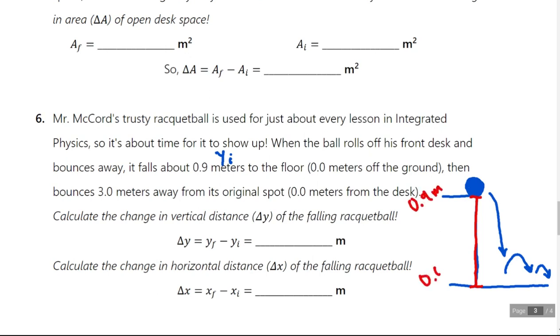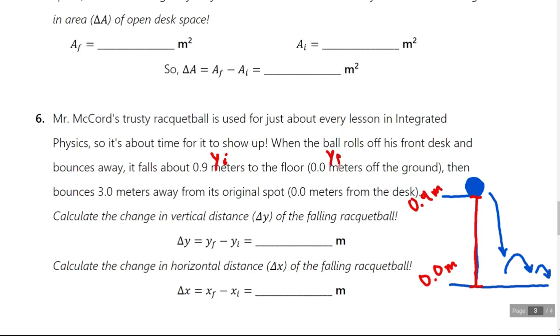This is 0.0 meters going this way. As the ball falls, it starts at 0.9 meters off the ground, and then it falls down and eventually stops at 0.0 meters, which is on the ground. So we want to take our initial measurement, which was the 0.9, which is our yi, and find the change as it reaches the floor, which is 0.0.